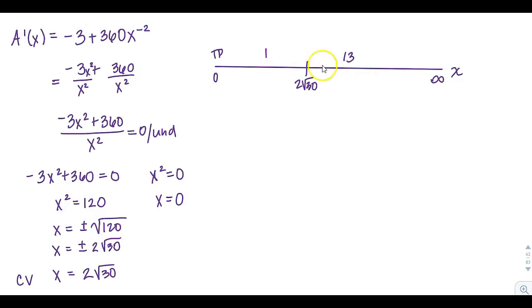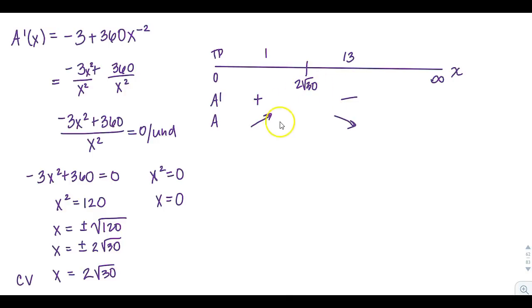If we substitute these test points into A prime, that will tell us about A. If I substitute in 1 into my derivative function here, I'm going to get a positive number. The bottom is always positive. If I plug in 1 into x squared here, overall the numerator will be positive. So A is increasing on that first interval. If I substitute in 13 into this x, I'm going to end up with a value that's negative and bigger than 360 in magnitude, so that means I'm going to end up with a negative, so I am decreasing.